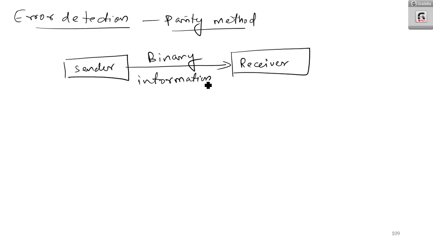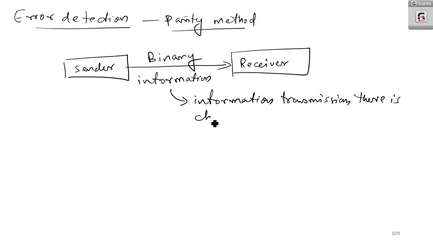Now, if during transmission, during this information passage, there is a chance for distortion of the digital data or the binary data.